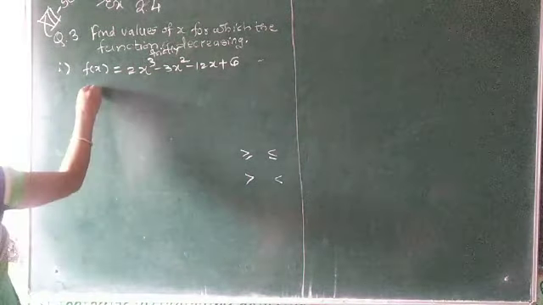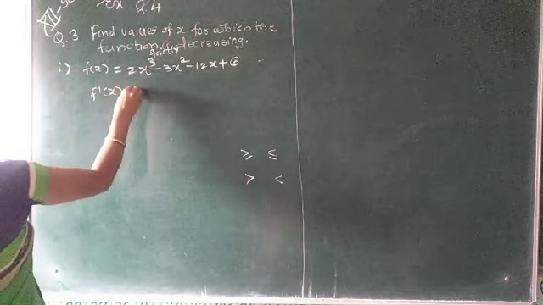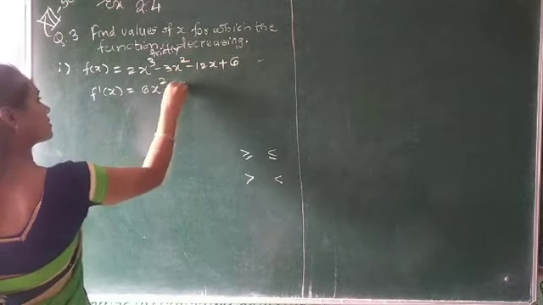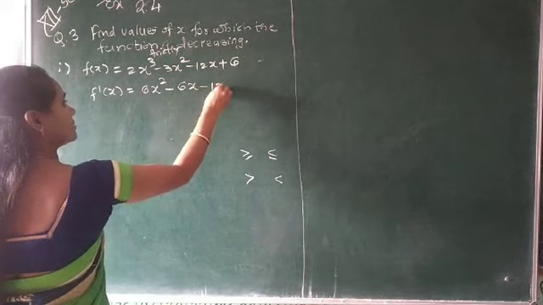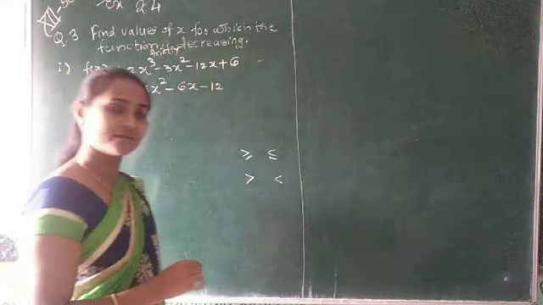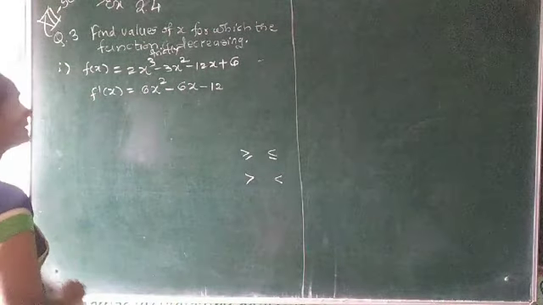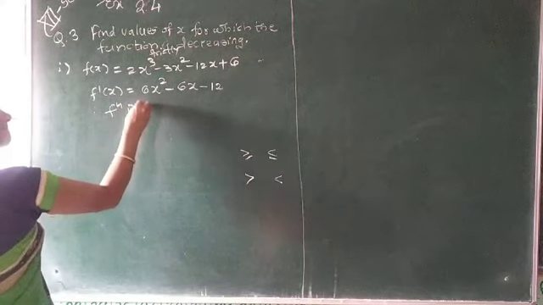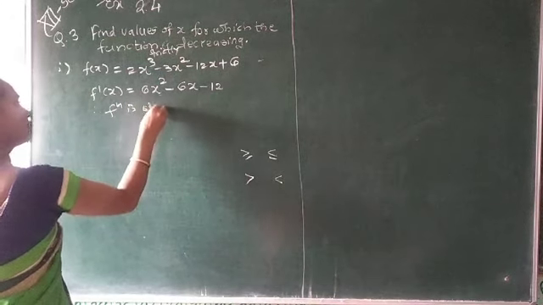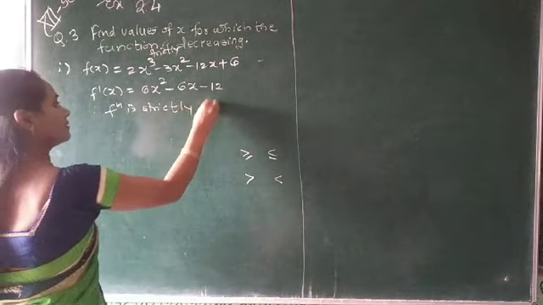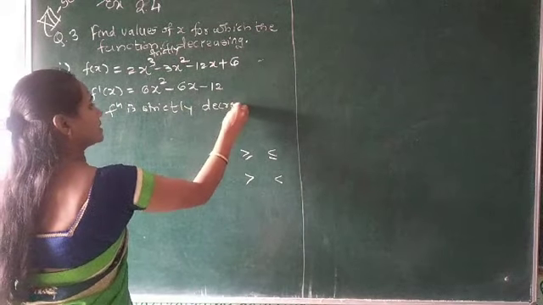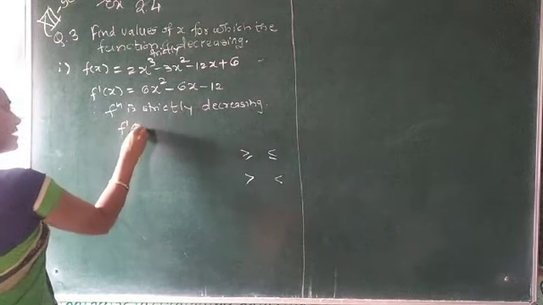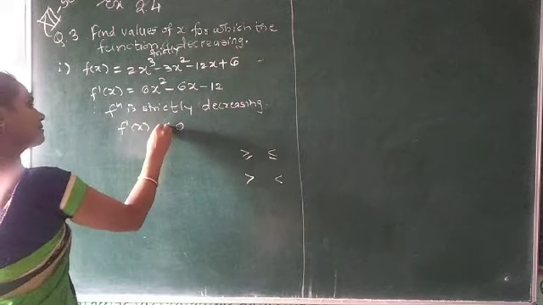So take the derivative of the function: f dash of x is equal to 6x square minus 6x minus 12, and the derivative of the constant is 0. But here it is given that the function is strictly decreasing, therefore we can write f dash of x is less than 0.